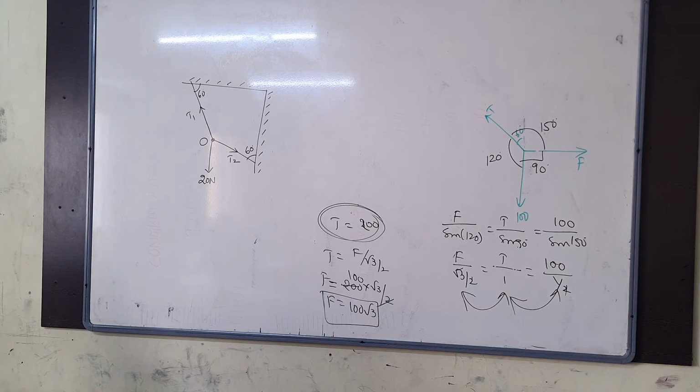Take the angles properly. The main confusion will be with T2. What's the angle between T1 and T2 you got? Total angle between T1 and T2? 150 is the correct answer. 150 is the correct angle between T1 and T2. You take the triangles properly.